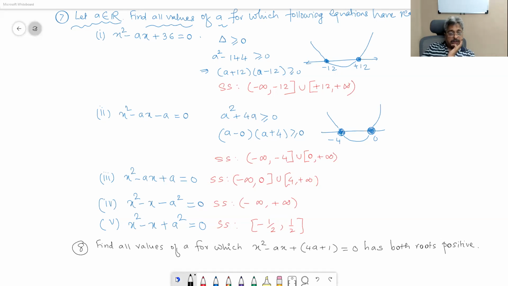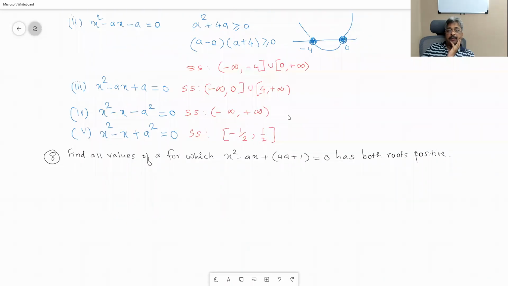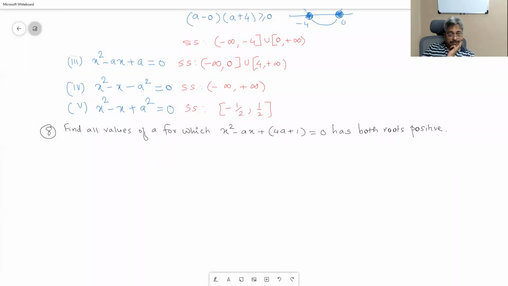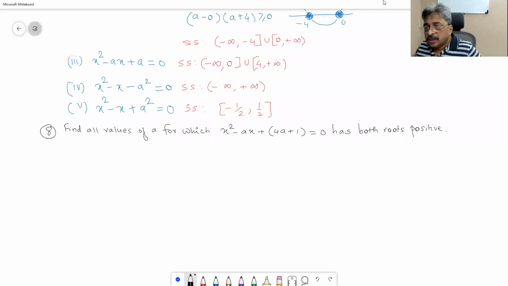Okay, let us start analyzing what we want. This is going to be very, very interesting and conceptual. So if you understand, you understand.